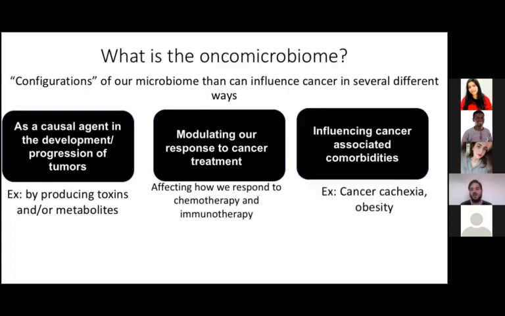And we can also think of the oncomicrobiome in terms of influencing different cancer-associated comorbidities, such as obesity. We know there's a link between the microbiome and obesity, and also between obesity and cancer. And also cancer cachexia. So these are the three main areas where we can talk about how the oncomicrobiome exists.